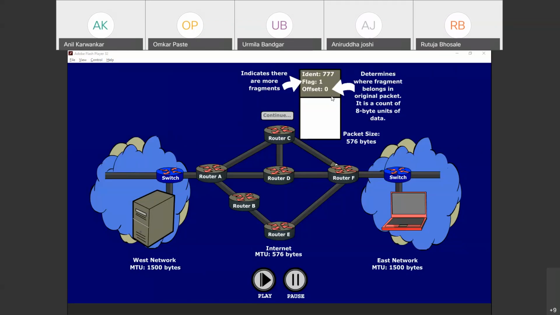The offset is 0, which determines where the fragment belongs in the original packet. It is the count of 8-byte units of the data. Now the packet size is 576 bytes. Then 1300 bytes minus 576 bytes will be the next.